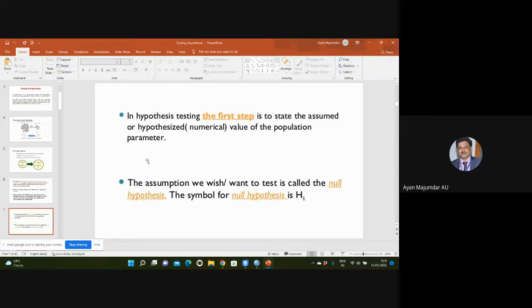So how to carry on with the test? In hypothesis testing, first we will assume something, or we will develop a hypothesis for which we will give a numerical value. In my case, I have given it 58 kg. My assumption is the average weight of this class is 58 kg. This assumption, which we will test, is known as the null hypothesis, represented by H0.